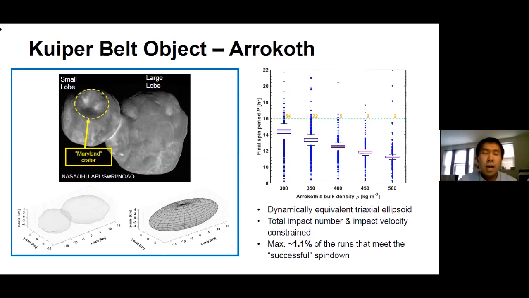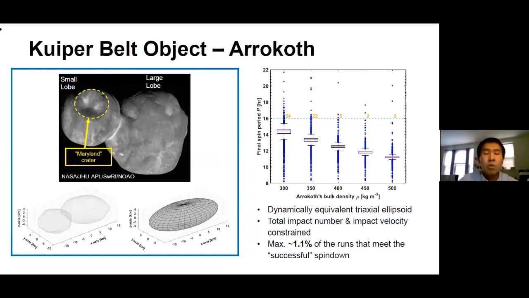Because I had a Monte Carlo impact simulation on Ceres, I basically just adjusted the same Monte Carlo simulation on Arrokoth to study how impacts alone would affect Arrokoth's spin. So I used a dynamically equivalent triaxial ellipsoid, as shown on the lower right-hand side of the image, to represent the bilobate configuration of Arrokoth.